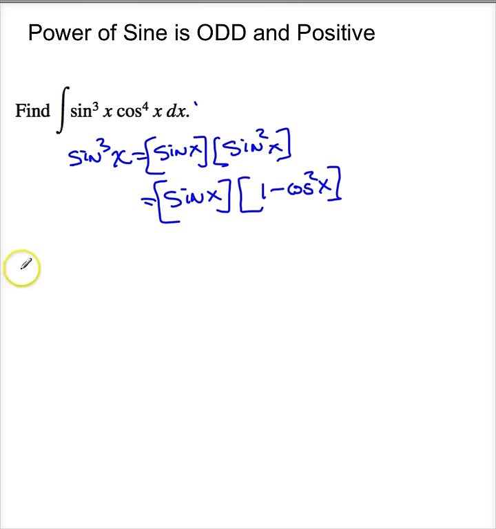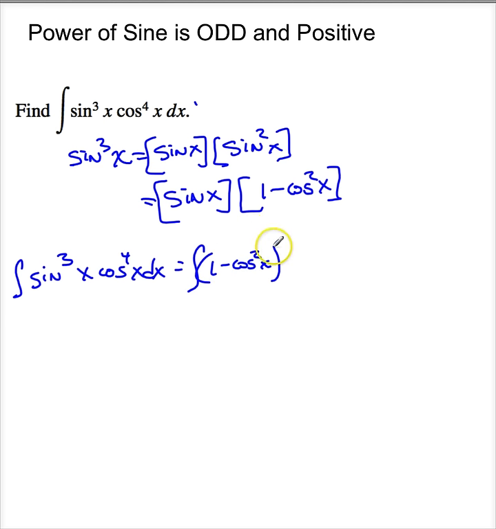So my integral of sine cubed x cosine to the 4th x dx is equal to the integral of 1 minus cosine squared x times cosine to the 4th x. Now I'm going to pull this sine x and put it on the end, because this is du and I want to hang on to this.